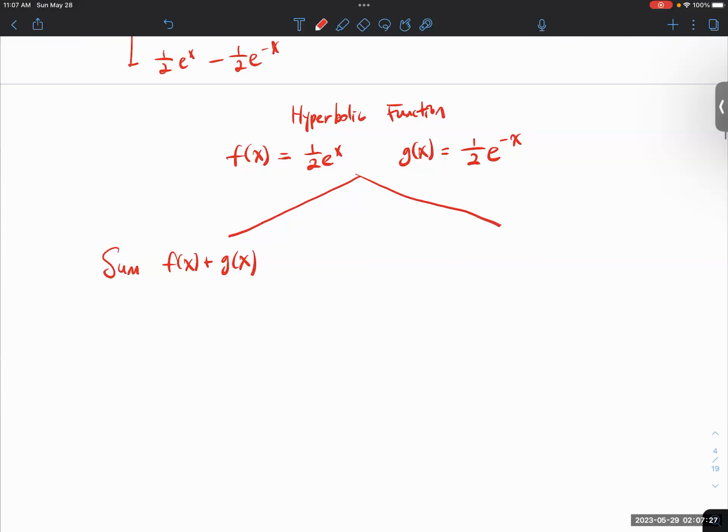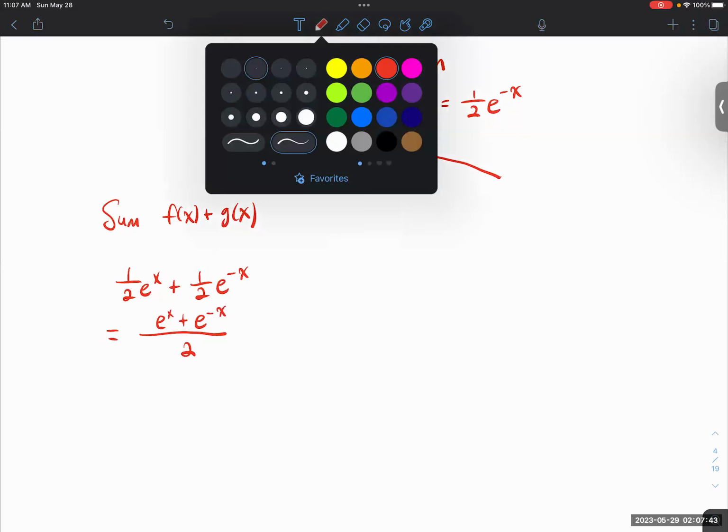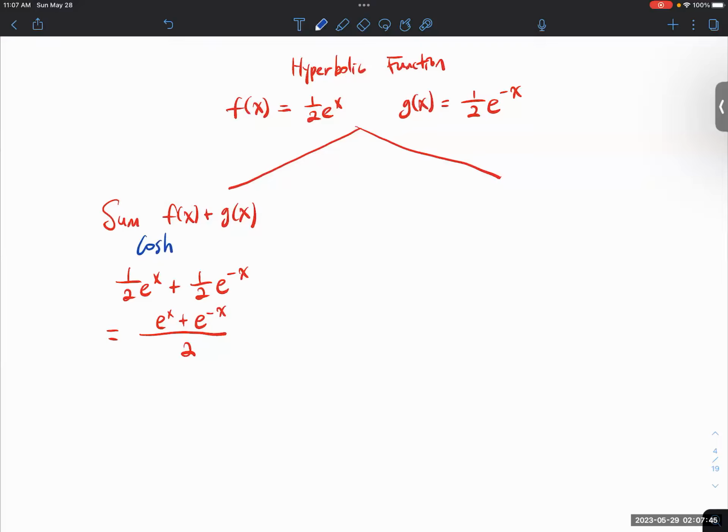In this case, we have 1 over 2 e to the x plus 1 over 2 e to the negative x. With a common denominator, this is e to the x plus e to the negative x over 2. We call this function the cosh function, so this is cosh x.